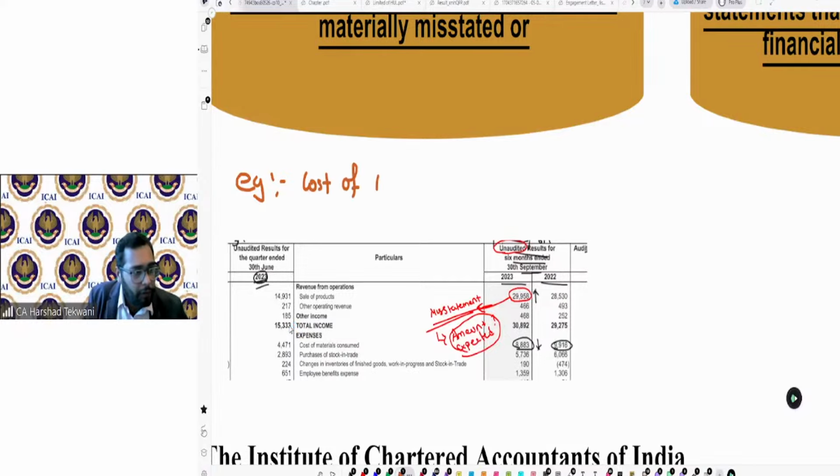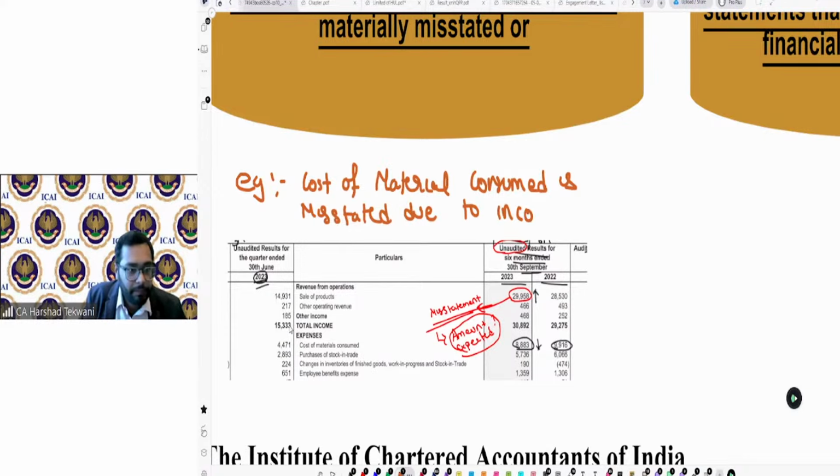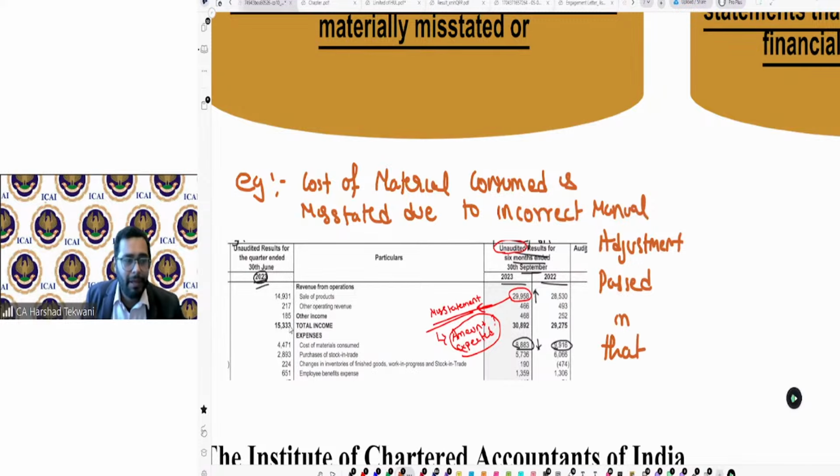Cost of material consumed is misstated due to incorrect manual adjustments. Okay, passed in that. There is an example for this one.